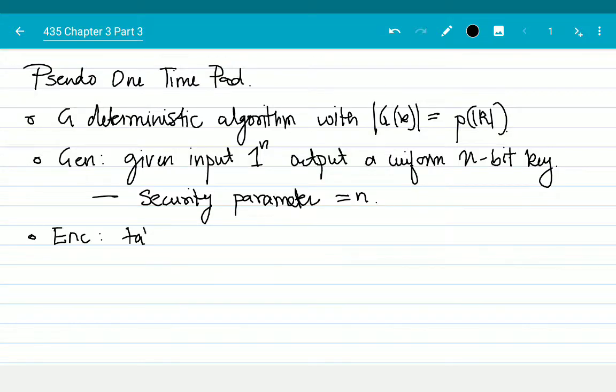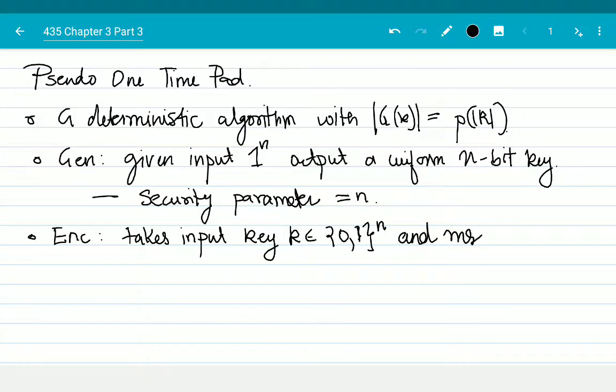It takes as input a key k belonging to 0,1 to the n, and a message m in 0,1 to the, well, what do we want?